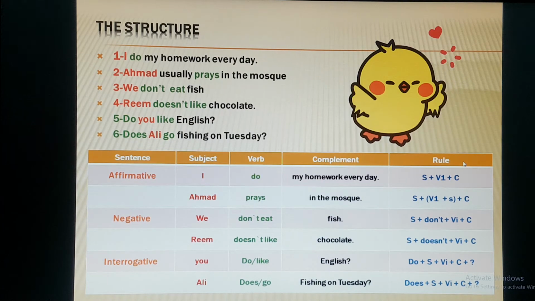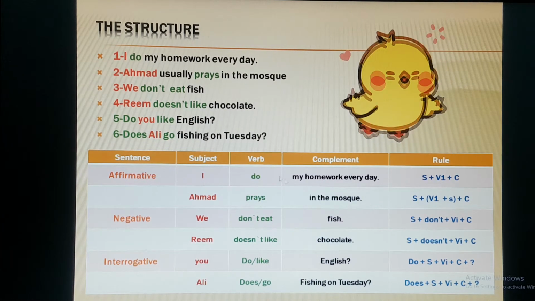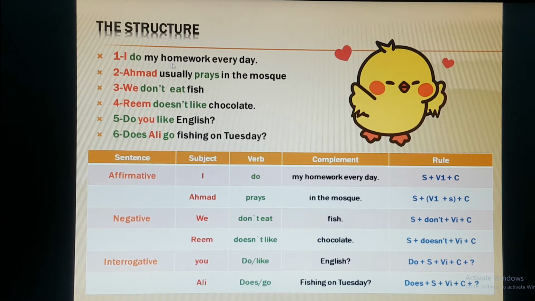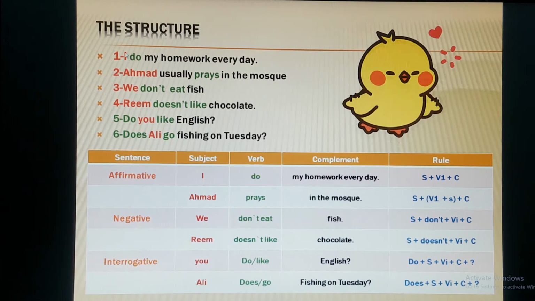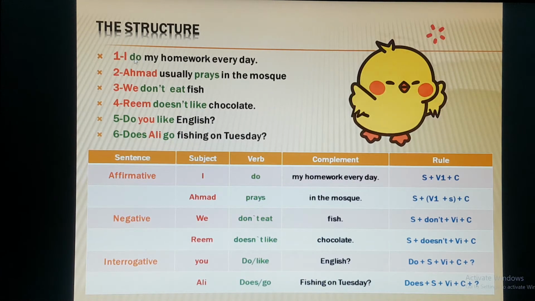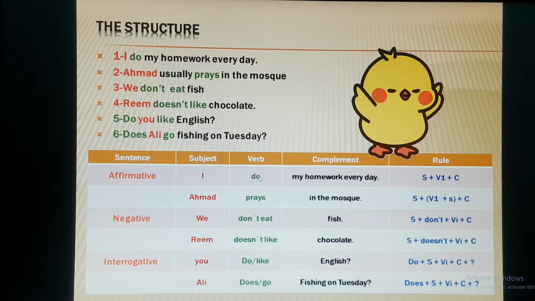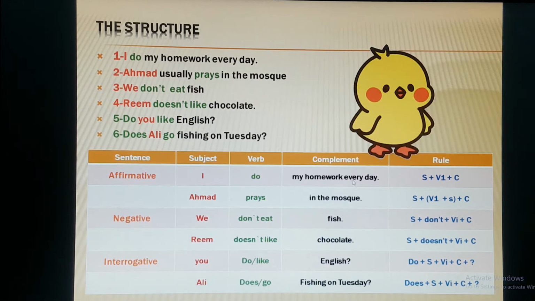Let's start analyzing. First of all, let's go to sentence 1. I do my homework every day. Where's the subject? The subject here is I. The verb is do. My homework every day is the complement. Let's go to sentence 2.